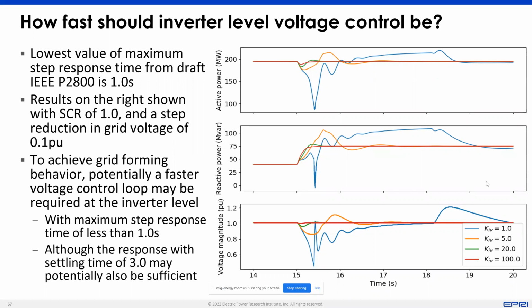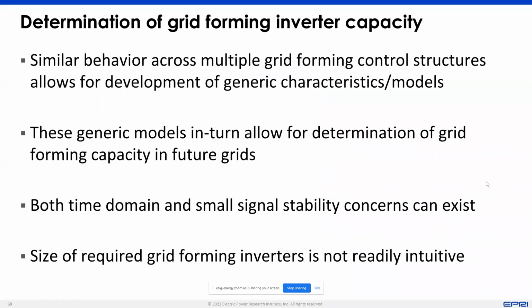We don't know if this will apply generally to every system, but what we have found in some of our system studies is that we need a step response time at the inverter level of less than 1 second, and sometimes even less than half a second. Once we have a closed loop step response time of that voltage control of less than half a second, then we are able to start getting more stable performance in these weak systems.